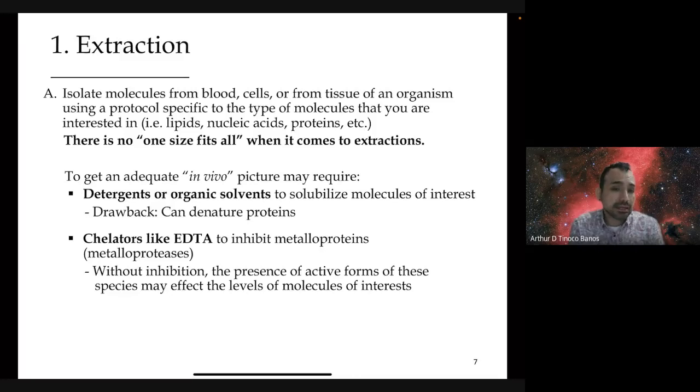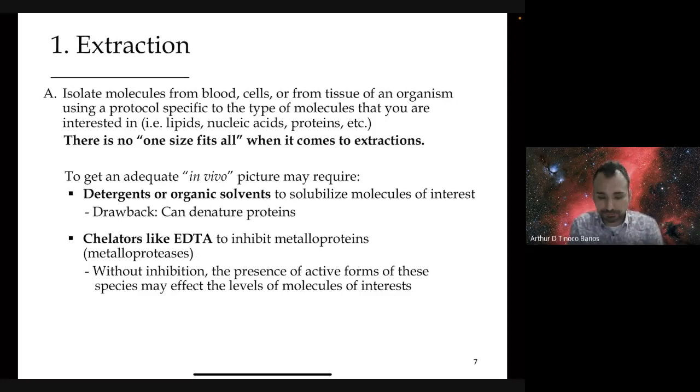Chelators like EDTA are used to inhibit metalloproteins, metalloproteases. When people extract blood, they often use EDTA in order to prevent coagulation, right? But if we're thinking about something that contains a metal, the use of EDTA can be detrimental to the experiment if you want to look at something as it is bound by a specific species.